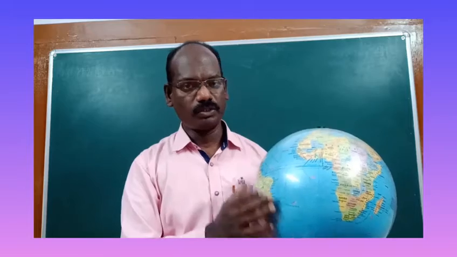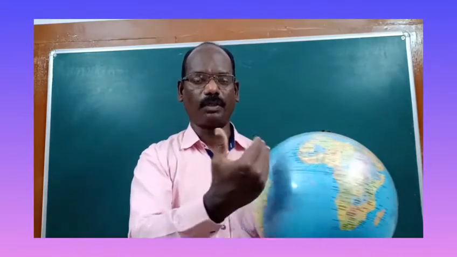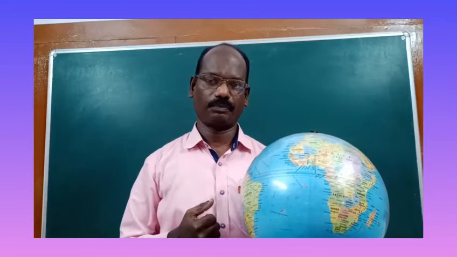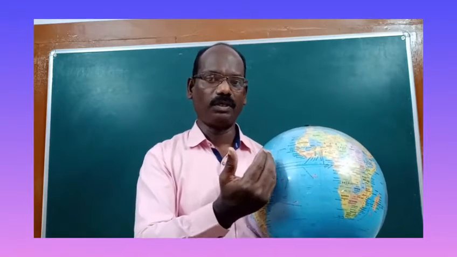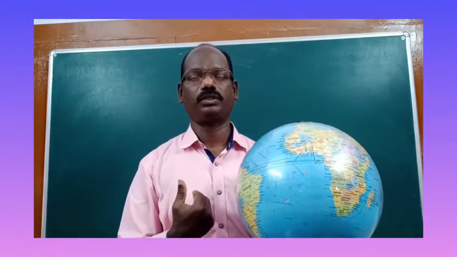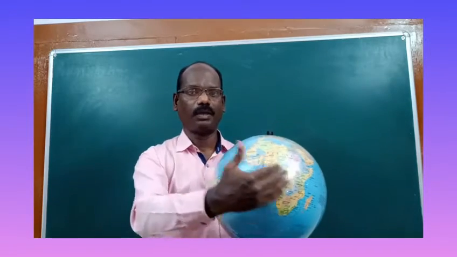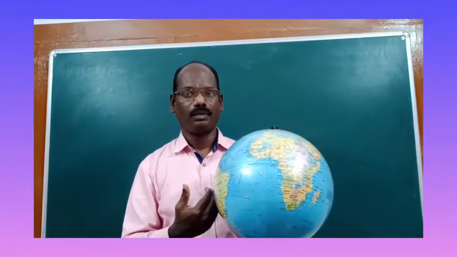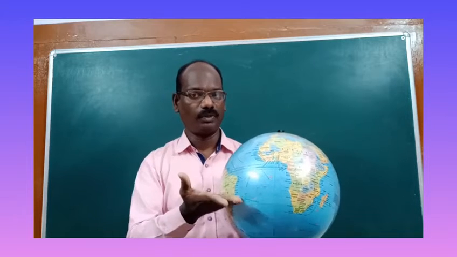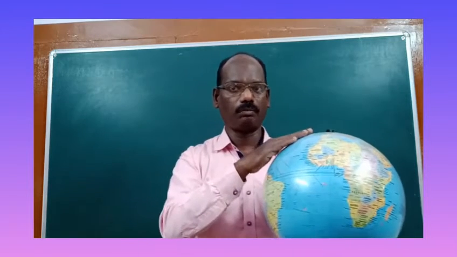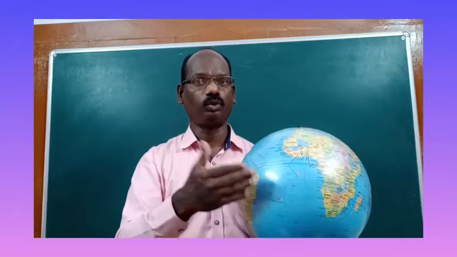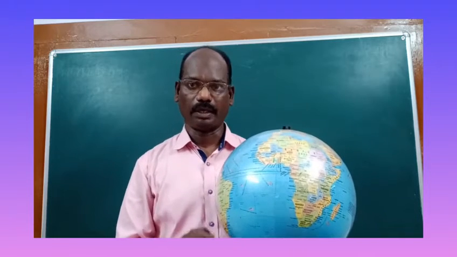The places east of the prime meridian are called the eastern hemisphere, and the places west of the prime meridian are called the western hemisphere. Remember that the equator divides the earth into two hemispheres: the north of the equator is called the northern hemisphere, and the south of the equator is called the southern hemisphere.